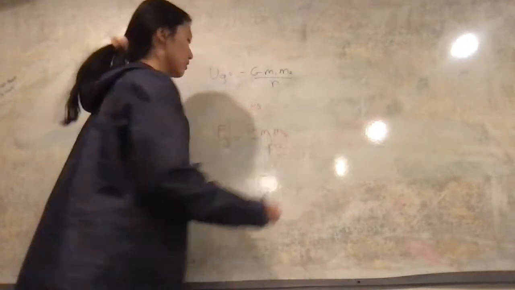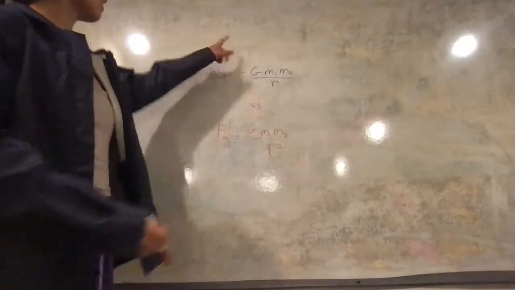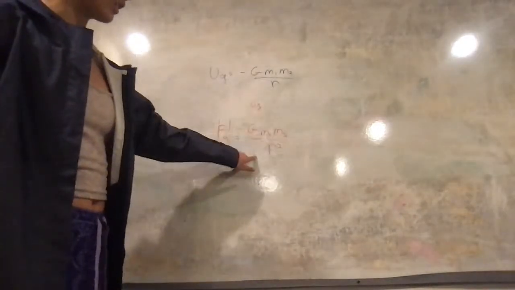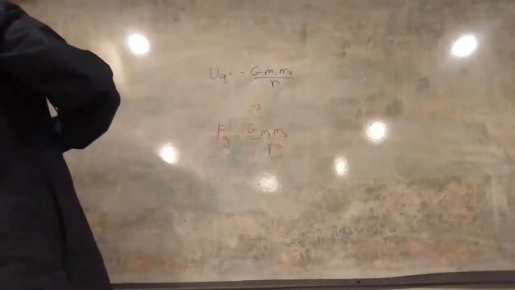The difference is that they're pretty much the same, except this is R and this is R squared. So don't get those two mixed up. So that's conservation of energy.